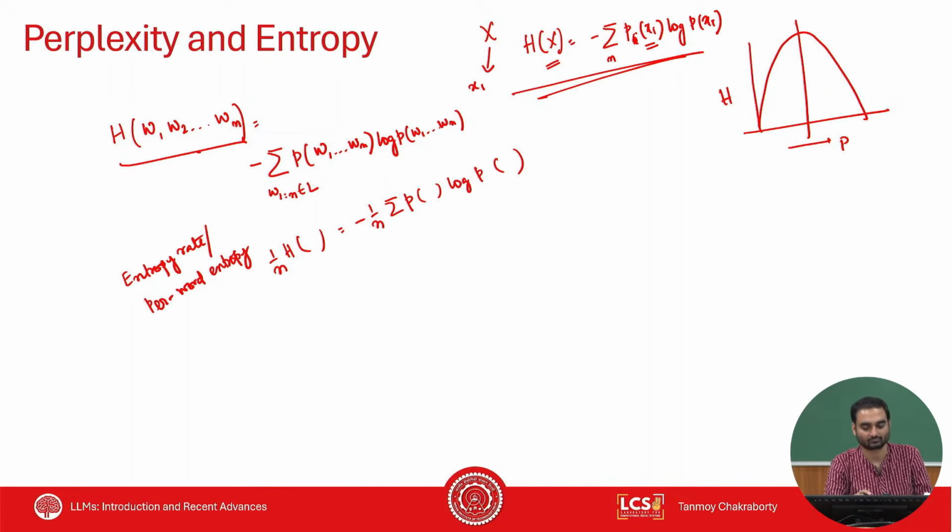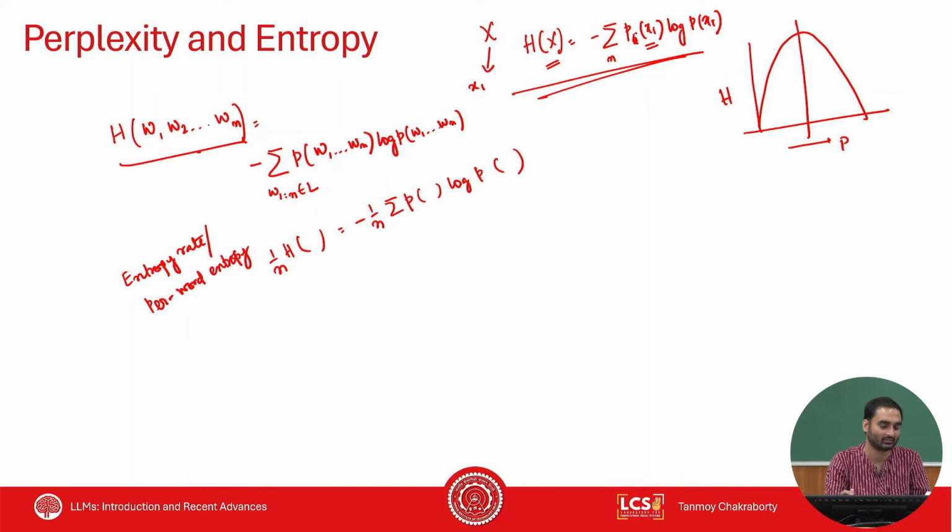Now think about it. I am only considering those sequences whose length is n. But in a language, in a document, there are sequences of multiple sizes. Some sequences will have a length of 5, some 6, some 10, and so on and so forth. But here we are only considering sequences whose length is n.